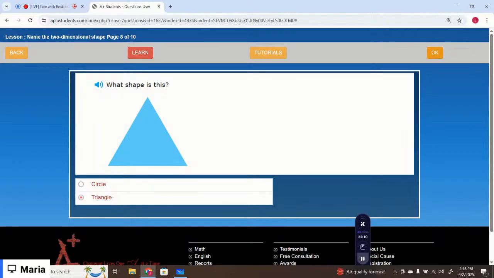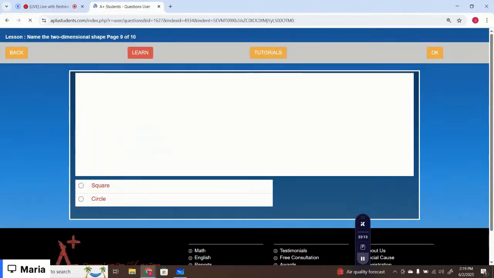Triangle it is, option number two is the correct option. What shape is this? Square it is, option number one.